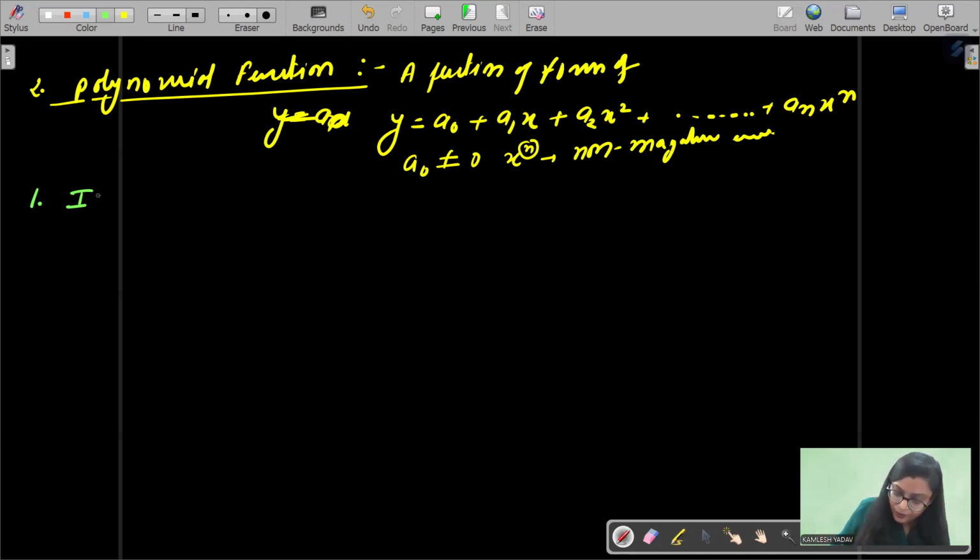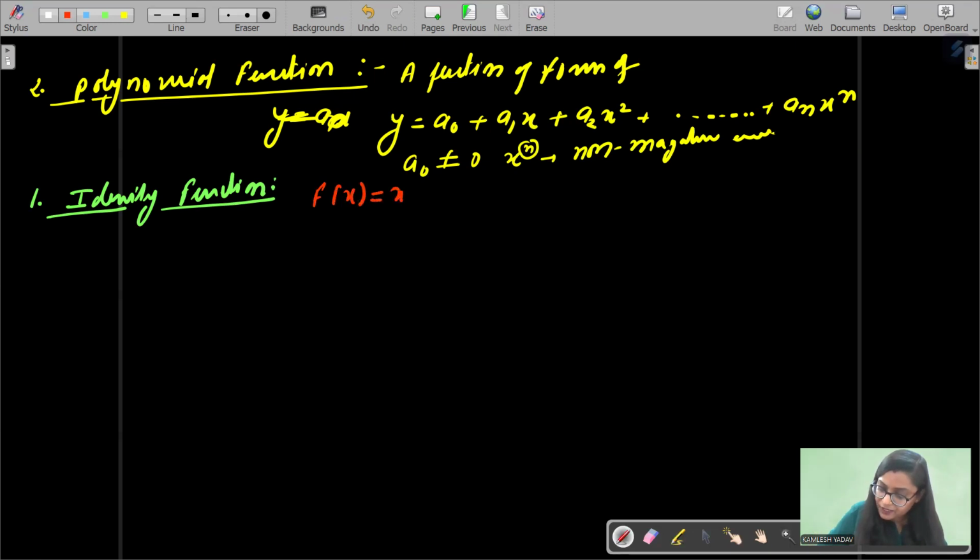So from identity function, it says any expression which is of the form f of x equal to x. It means when you put a value, the result will be the same. It has a graph like this, f of x equal to x.